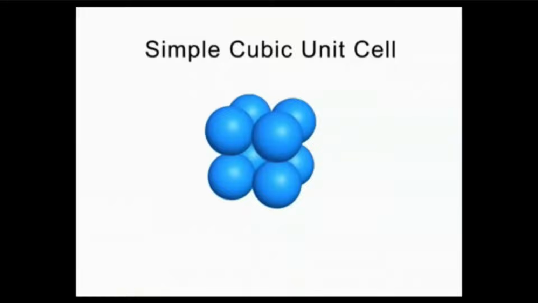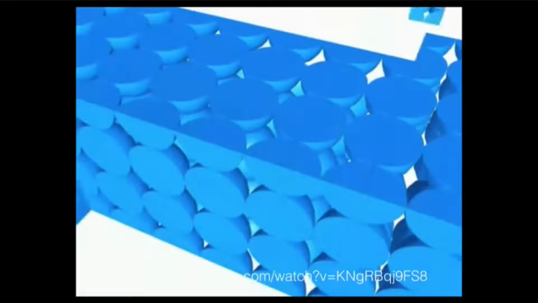Note that the particles touch along the cube edges, but not along a diagonal in the face or along a diagonal through the body. By slicing away parts that belong to neighboring unit cells, we see that the actual unit cell consists of portions of the particles. When the cells pack next to each other in all 3 dimensions, we obtain the crystal.